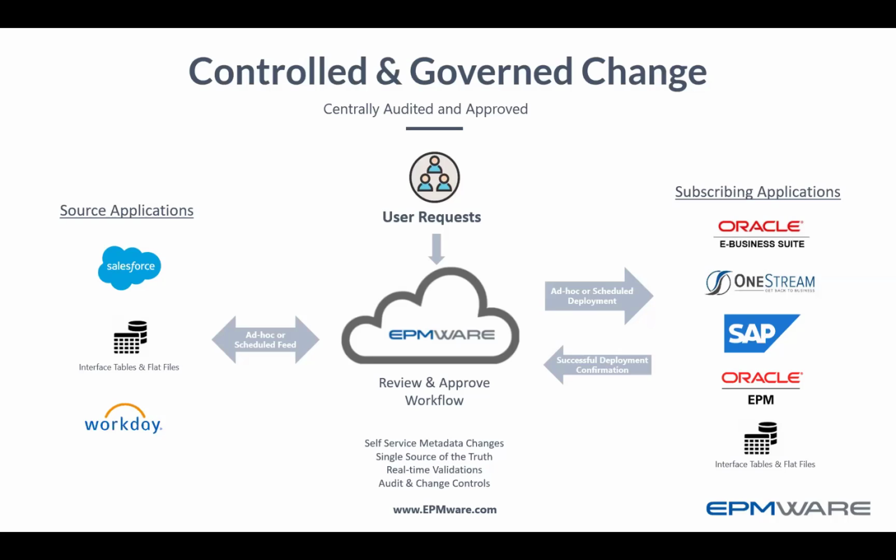So sometimes we have users who are admins, or sometimes we have users who are end users of financial applications. And so they'll log in, they'll create the change, and they'll enter that request into the EPMware workflow. And that's where EPMware's workflow process will guide them through a request and approval process that's been designed for that metadata change.